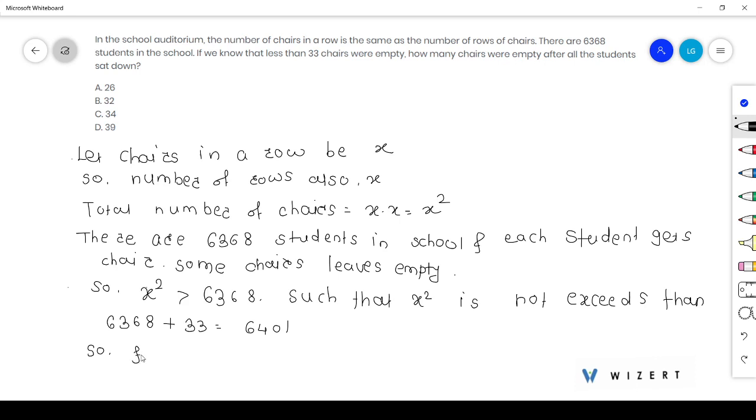So, here we need to find the square number just below 6,401.